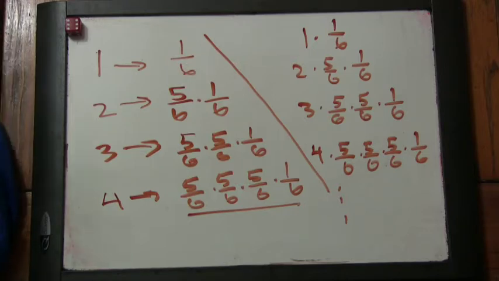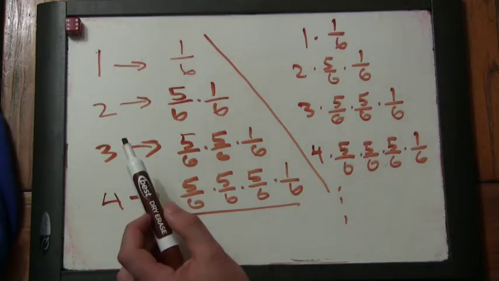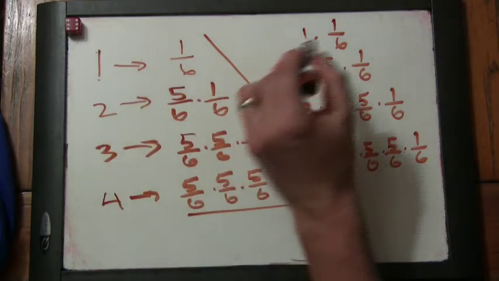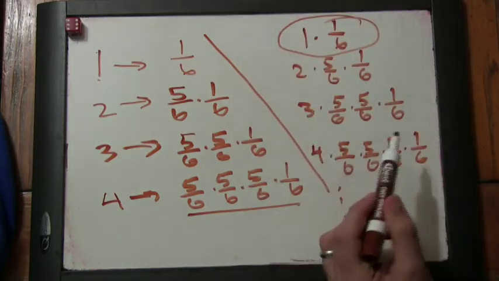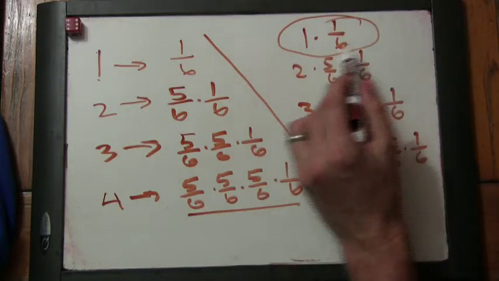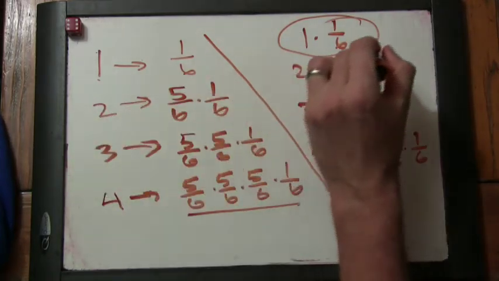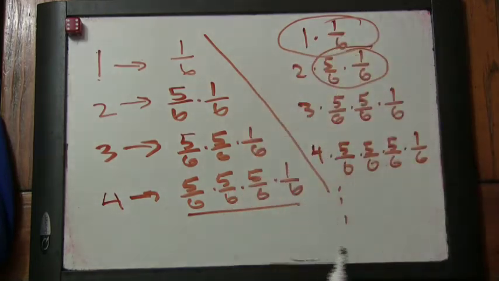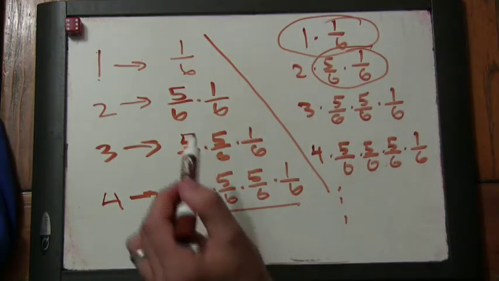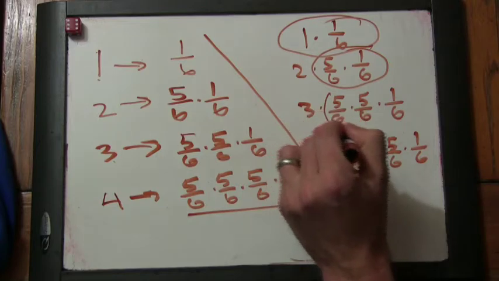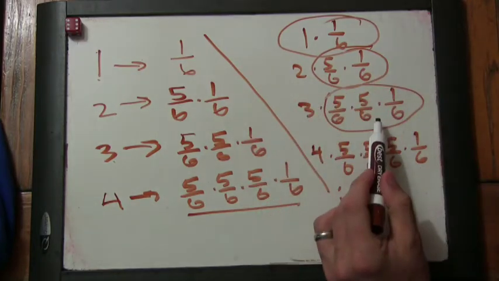It's sort of a weighting, like we're doing in an average. When we do our average, we expect a 1 to come up about 1/6 of the time. We expect a 2 to come up about 5/36 of the time. We expect a 3 to come up about 25/216.